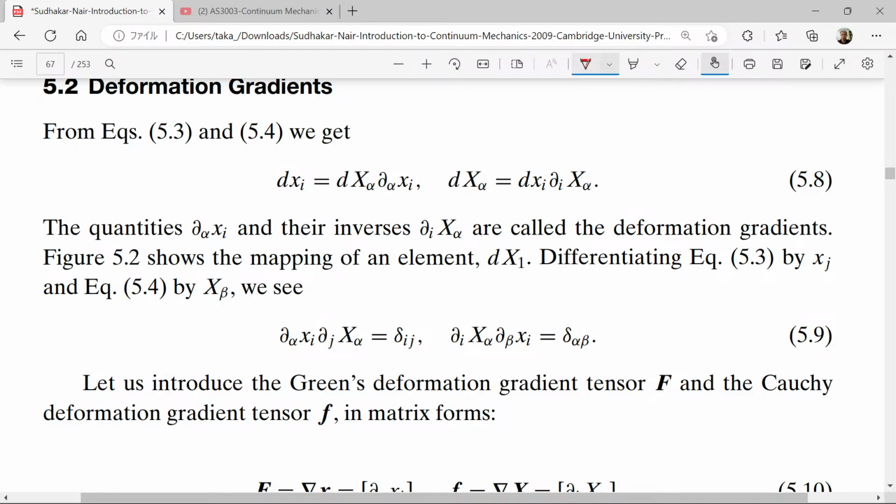Figure 5.2 shows the mapping of an element dxi, dx1.